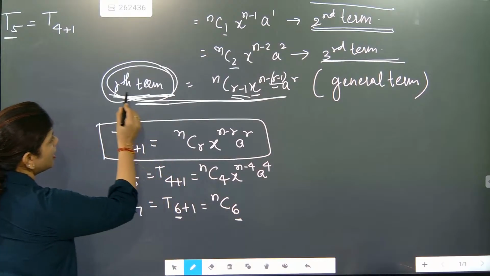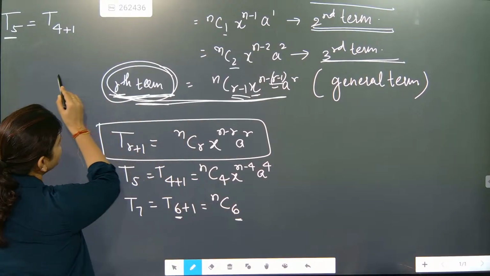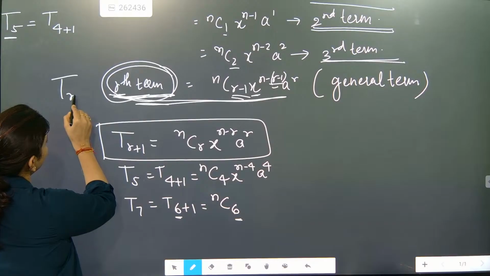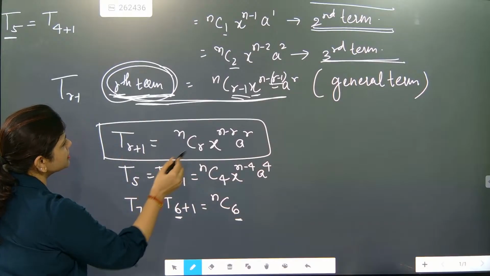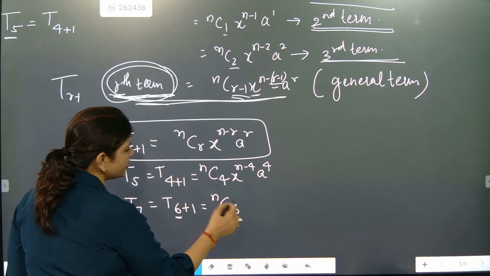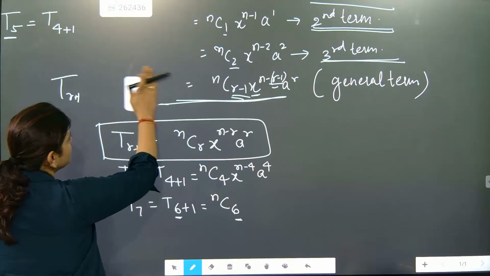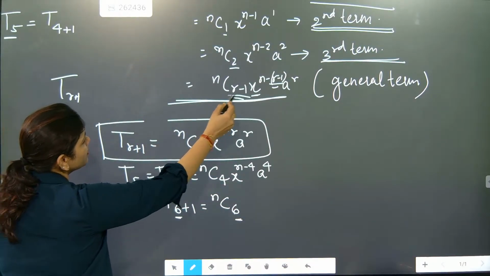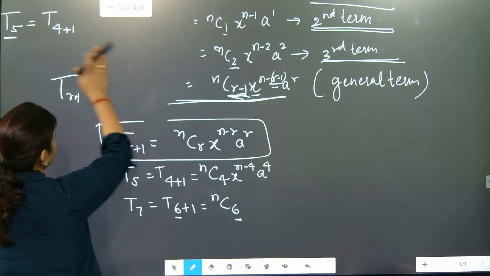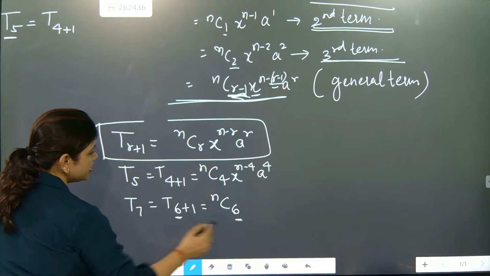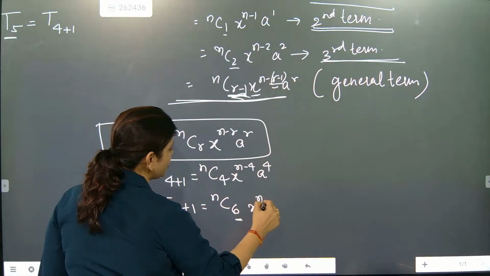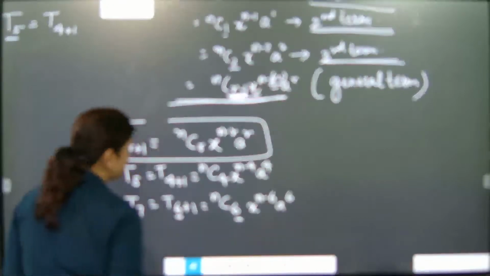The r term here, that is what I told you, no? R minus 1 will come, one term lesser. So here the 6 part will be there. The T r plus 1 term means you need to write this section. So now T7 means NC6 x to the power n minus 6, a to the power 6.